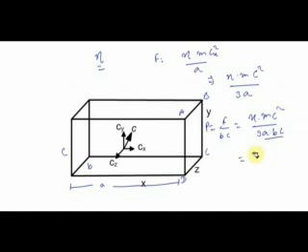Now ABC is nothing but the volume of the container, so we can write pressure is equal to η into mC² by 3V. Now suppose that there are n moles of gas inside this container, so the number of molecules would be n into N, where capital N is the Avogadro number.